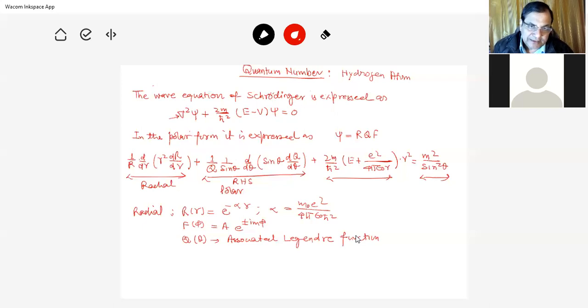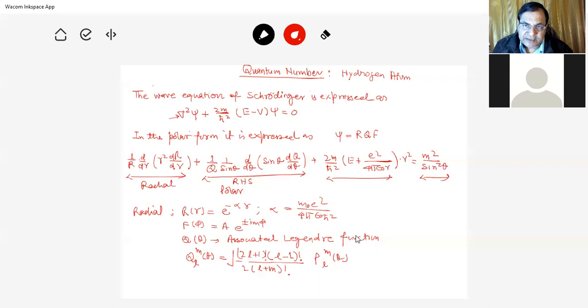So from this Legendre equation, we have the polynomial Q L m of theta is equal to the square root of (2L plus 1)(L minus m) factorial upon 2 (L plus m) factorial, times P L m of theta.